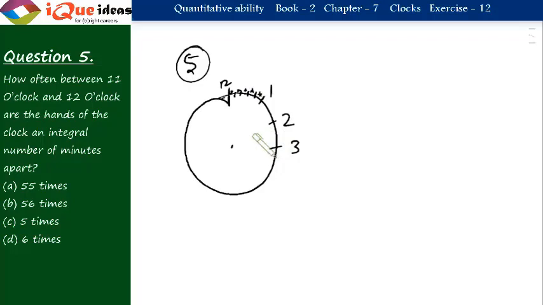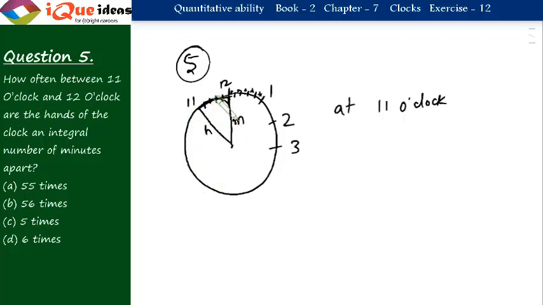Now in this question it says between 11 and 12. At 11 o'clock, what exactly is the situation? At 11 o'clock, the hour hand will be at 11 and the minute hand will be at 12. So from 11 to 12 also, there are 5 spaces, so there are 5 minute spaces. So at 11 o'clock, how many minute spaces are the minute hand and hour hand apart?